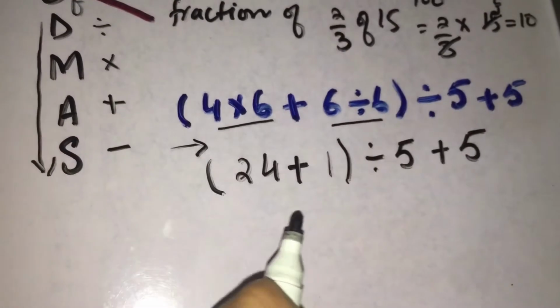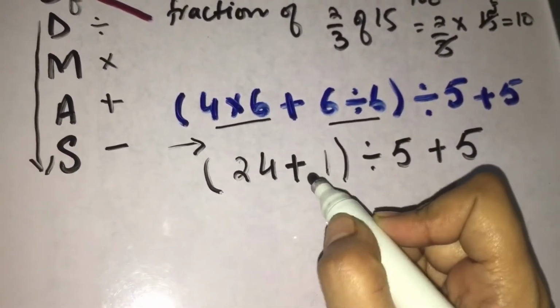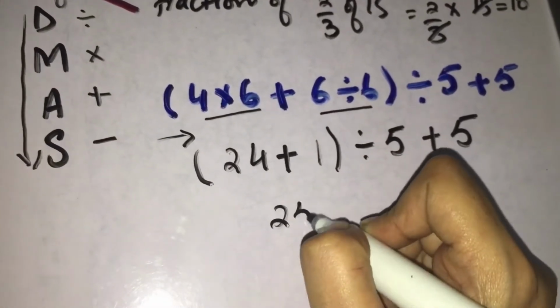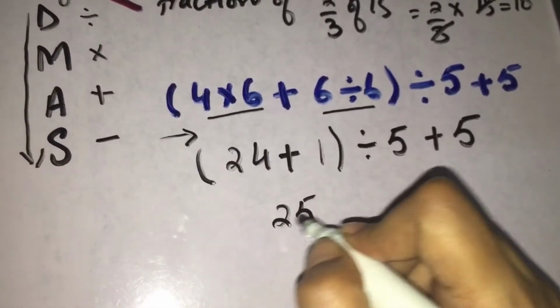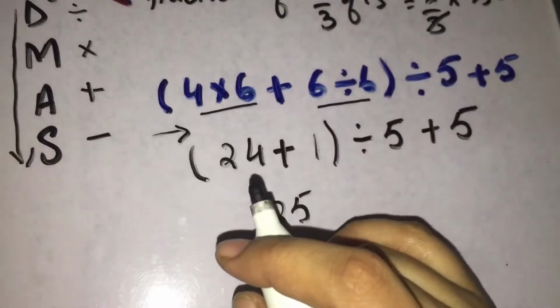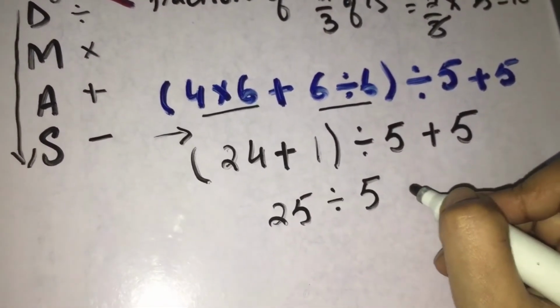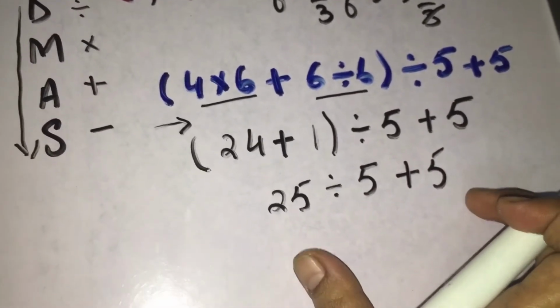Now again in the bracket, I have to solve this bracket. What is this? 24 plus 1, which is equal to 25. Now there is no operation left inside the bracket, so no bracket will be used here. Okay, now the brackets are finished. Then I have 25 divided by 5 plus 5. Again follow the BODMAS rule.